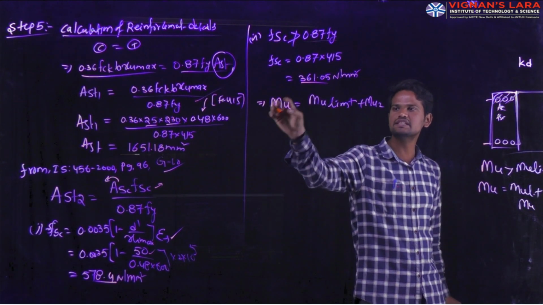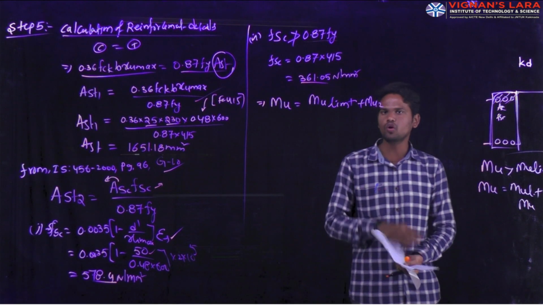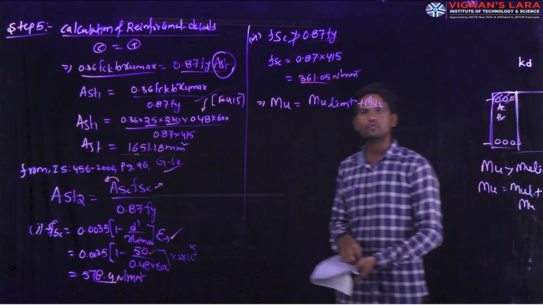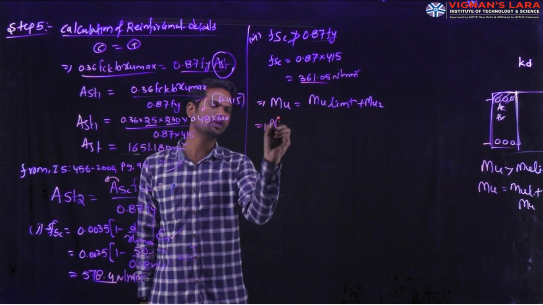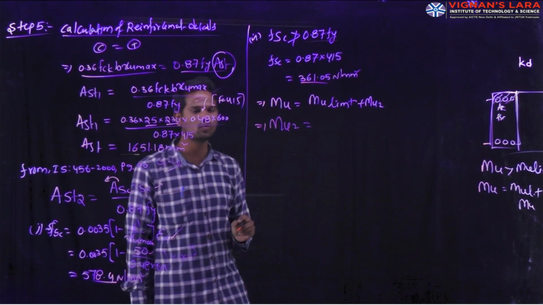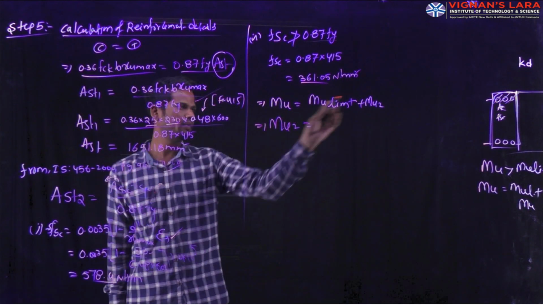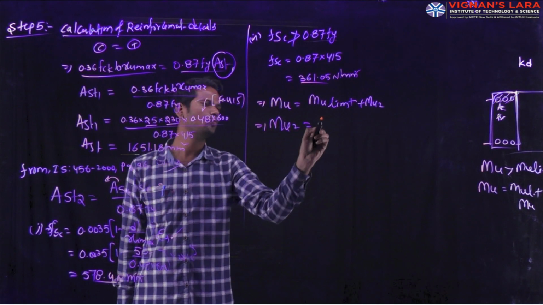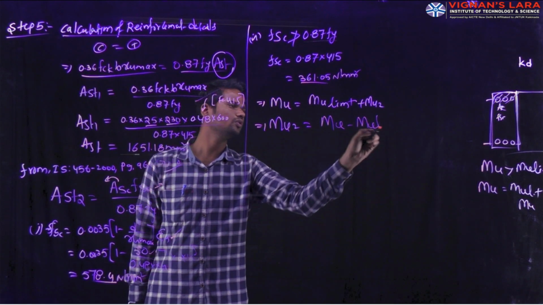How much more it is than the limiting moment, that we have to calculate. That additional moment equals total moment minus limiting moment, that means Mu2 equals Mu minus Mu limit.